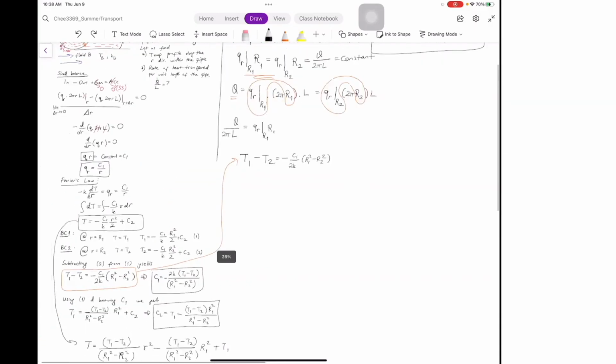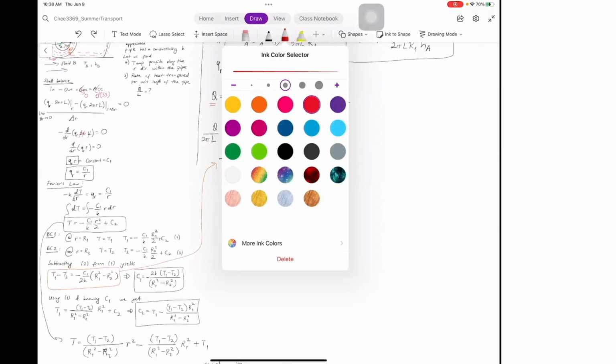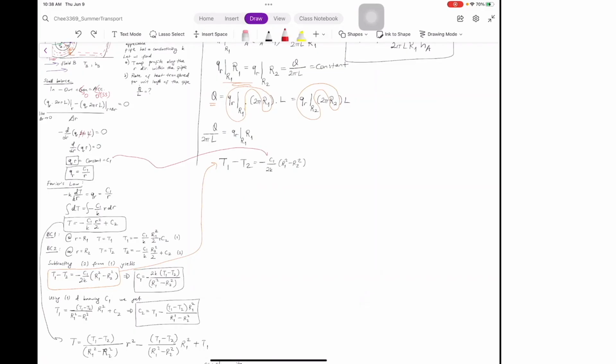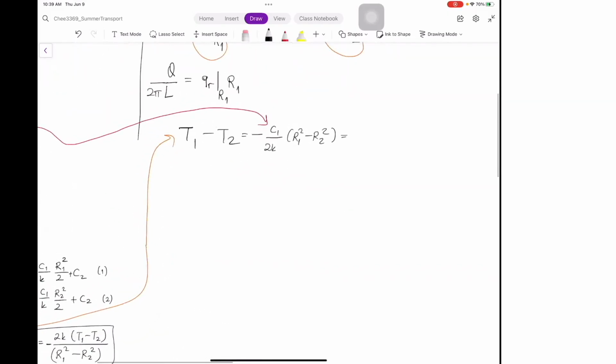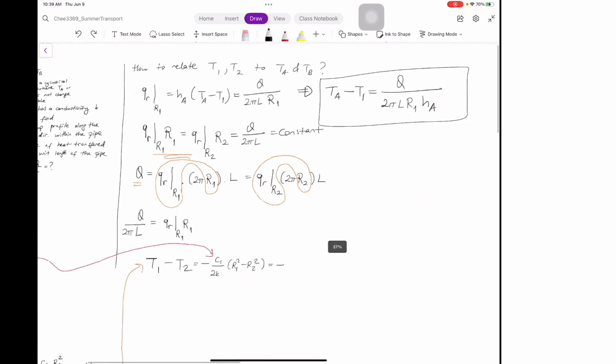So let's plug it in here, and you get, oops, what's going on? Okay, there, good. Then this is equal to minus QR at, or maybe, okay.